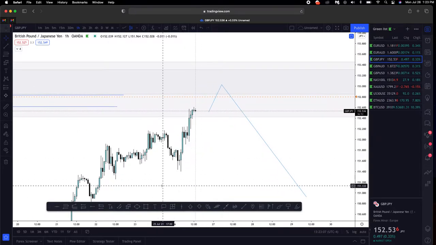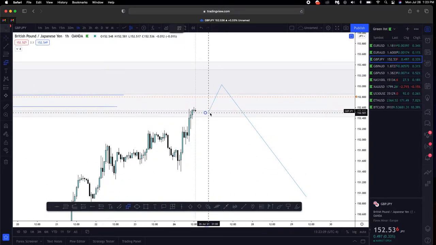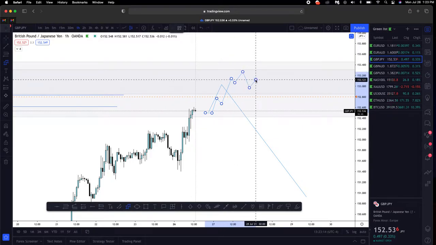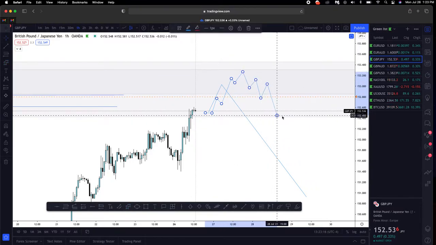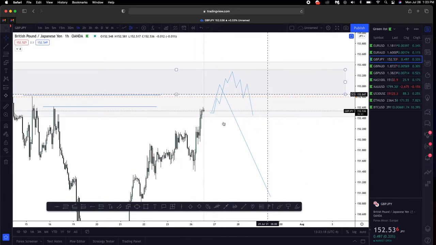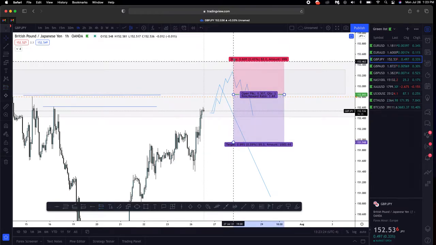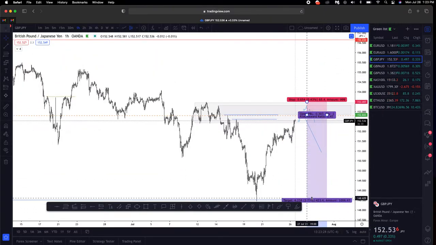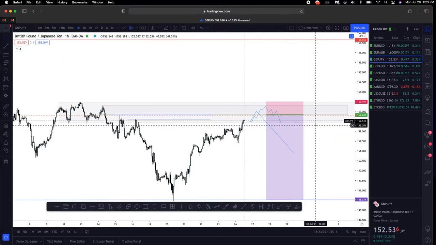So what I would do, I would wait for it to come up here and start the downtrend, give me some kind of confirmation so that I can look for shorts to get in, right? But as for now, the best case scenario for GBPJPY would be these shorts right here, right?